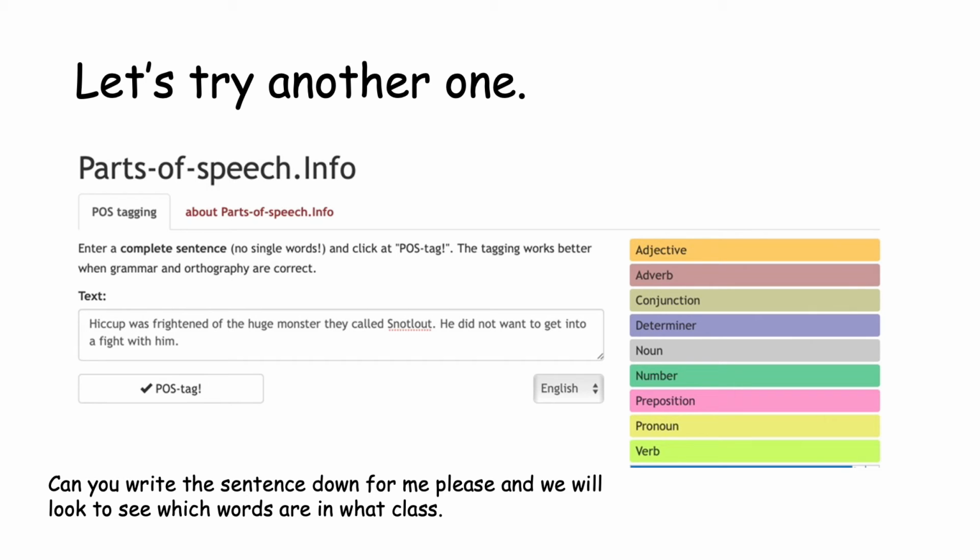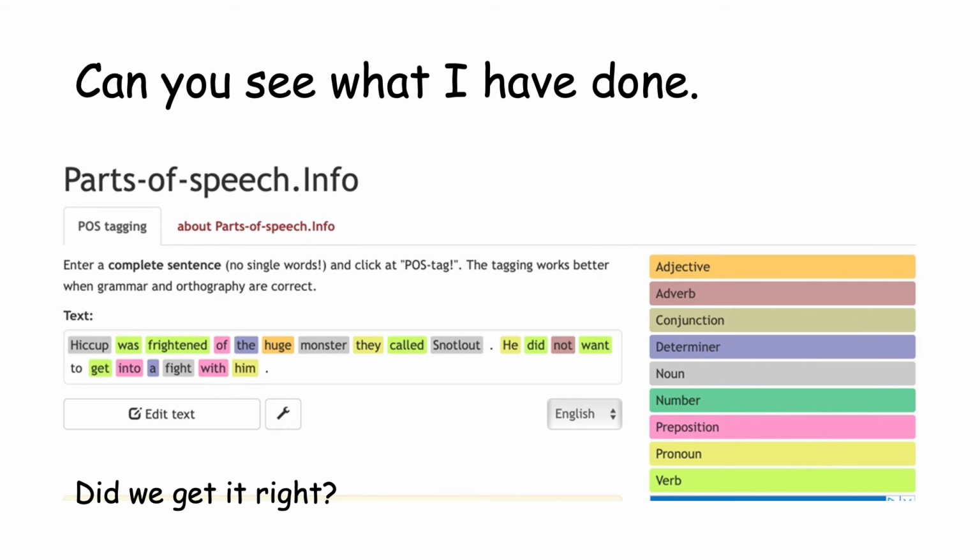A is a determiner. Fight is a noun. With is a preposition. Him, which is the pronoun. Let's see if we've got that right. I know it's really tricky. Have a look.